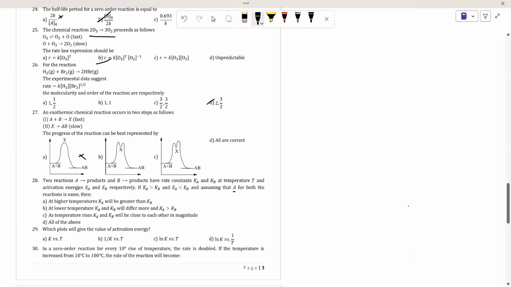So the exothermic reaction takes place in the following steps. The first step they are showing is A plus B giving rise to X, and the second step is X giving rise to AB.